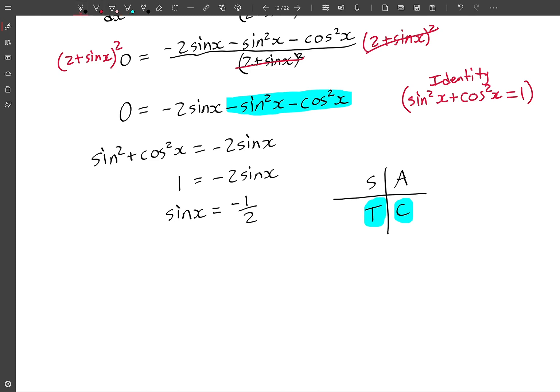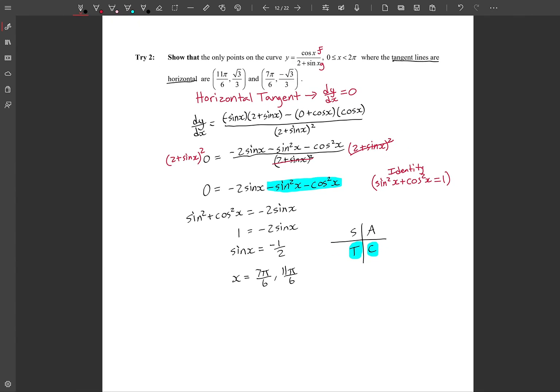And you just look for the value where sine of x is -1/2. When you look for those, you will find that the appropriate x values are 7 pi over 6, comma 11 pi over 6. Those two are the ones that satisfy this equation.